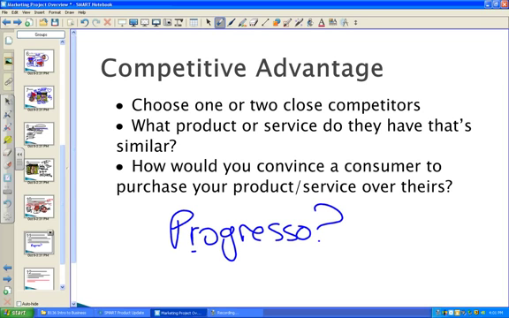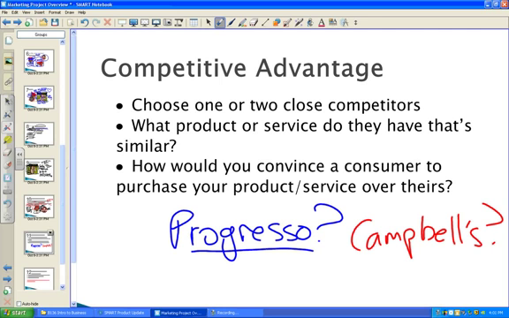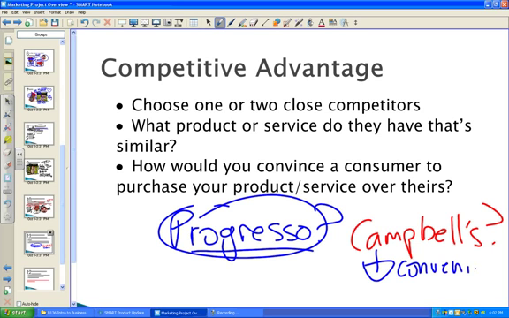But how does Soup at Hand, and blue is, by the way, Progresso's brand color, how does Campbell's compare, and specifically Soup at Hand, compare to Progresso? How would you convince a consumer to purchase your product or service over theirs? So in this case, over Progresso's, I'm going to talk about the convenience, and I'm going to talk about the features.